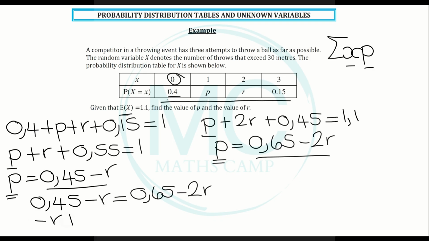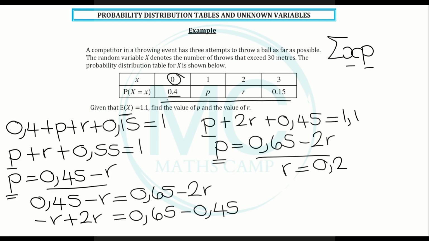Negative r plus 2r is equal to 0,65 minus 0,45. Negative r plus 2r leaves me with r, so r is equal to 0,65 minus 0,45, which gives me 0,2.